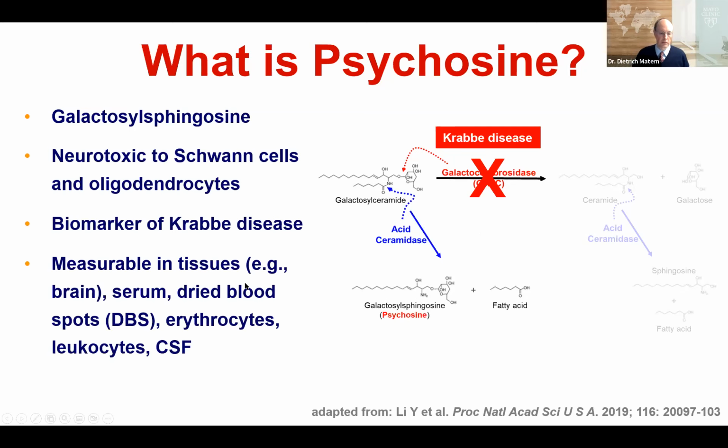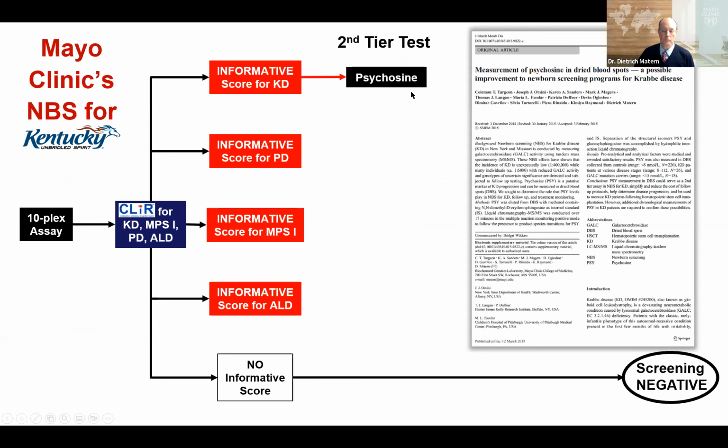Initially, in the research laboratories, it was done on tissue specimens such as brain, and then Joe actually was first to show that it can be measured in dried blood spots, and then we took that idea from him and applied it, and eventually started using it when we started screening for it in Kentucky. We also measure it now in erythrocyte. It can be measured in leukocytes and CSF, all kinds of specimens. So psychosine is done. Again, we published that with Joe and others.